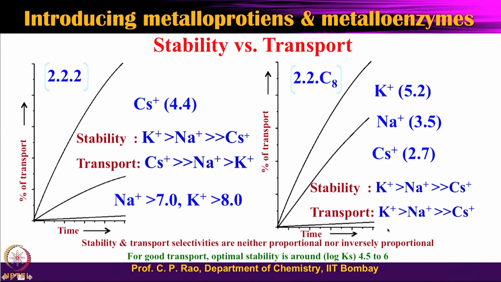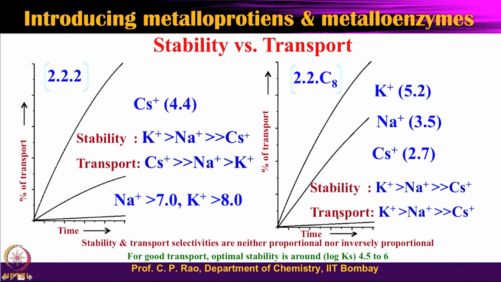In this case the transport is potassium greater than sodium greater than cesium. Similarly, stability is also potassium greater than sodium greater than cesium. So, in one case the stability and transport are inversely proportional. In another case the stability and transport are directly proportional.